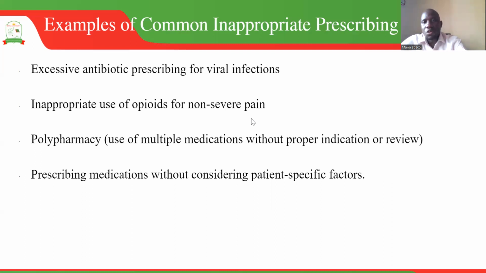And then also not looking at the patient characteristics in prescribing the drugs. The patient can be an elderly patient, or a pediatric patient, or a patient who has a chronic condition that is maybe affecting the kidneys or even the lungs or even the liver. So these are factors that have to be put into consideration before the prescriptions are made.